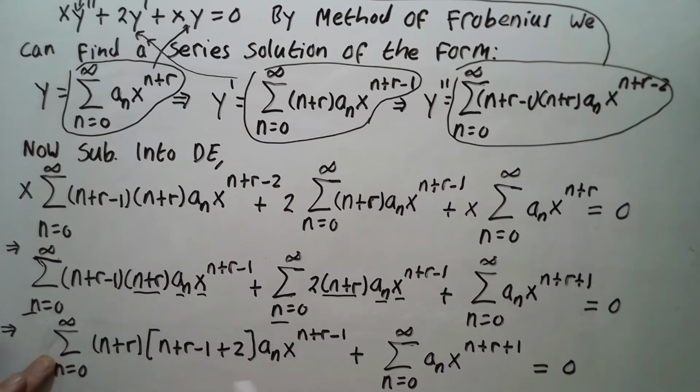I factored the n plus r out in front, a_n on this side, and the x to the n plus r minus 1 on this side. This first term would have this one left. And the second term, when you take out what they have in common, just has a 2 left there. And n plus r minus 1 plus 2 would just be n plus r plus 1. So let me change that.